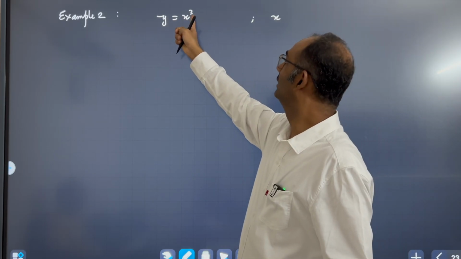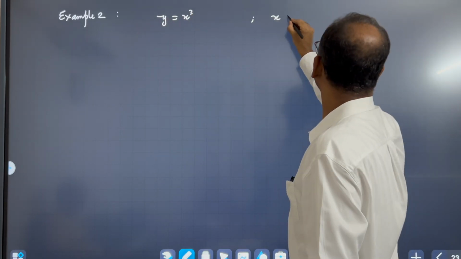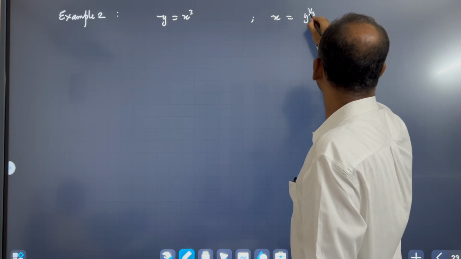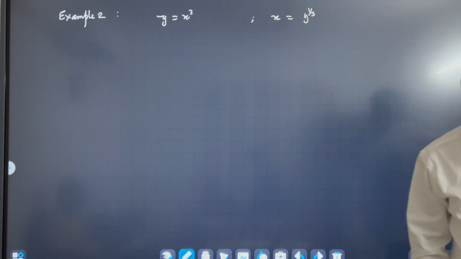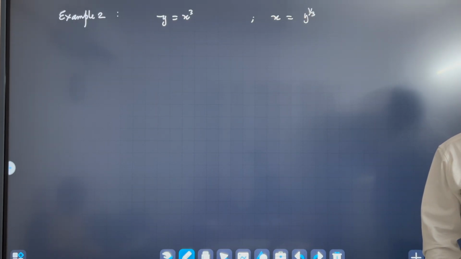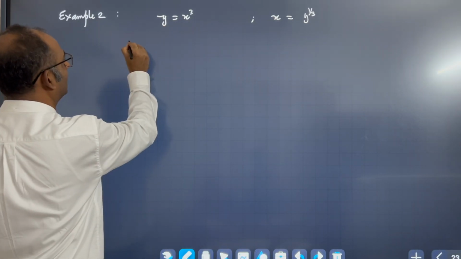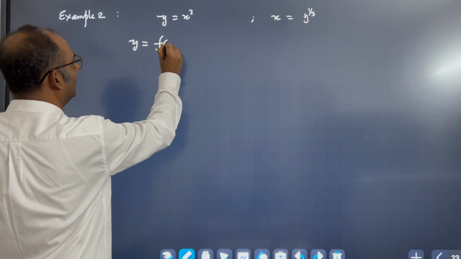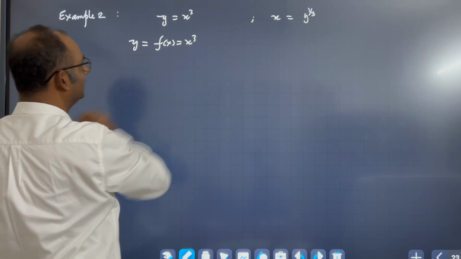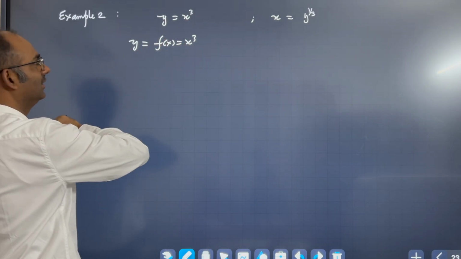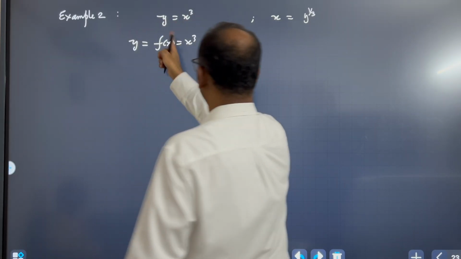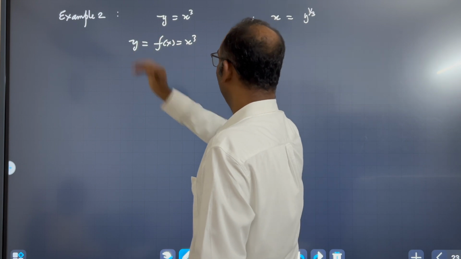You take the cube root of y. That's the inverse function, you agree? Let me write it in 2 steps. So I will write it again as y is equal to f of x is equal to x cube. That is what I have chosen the function to be. So f of x, the values I am calling y.